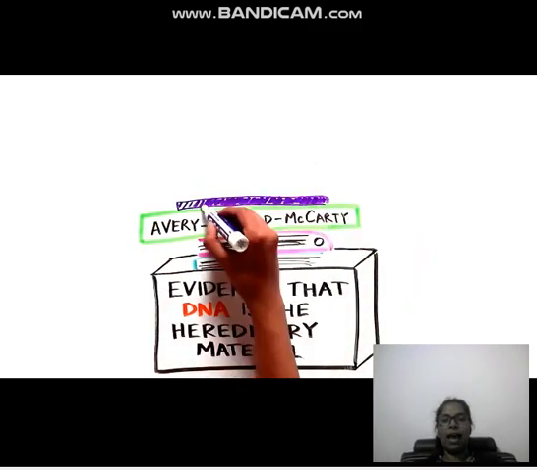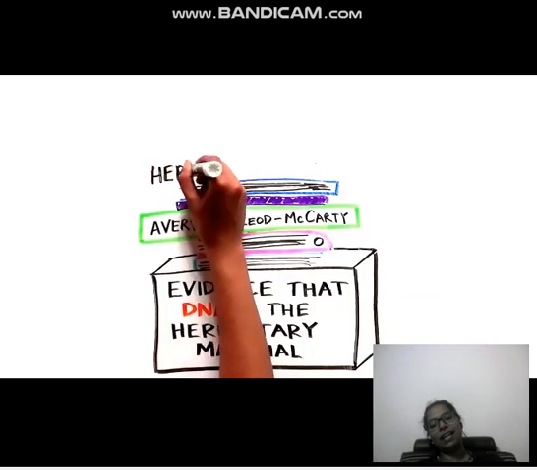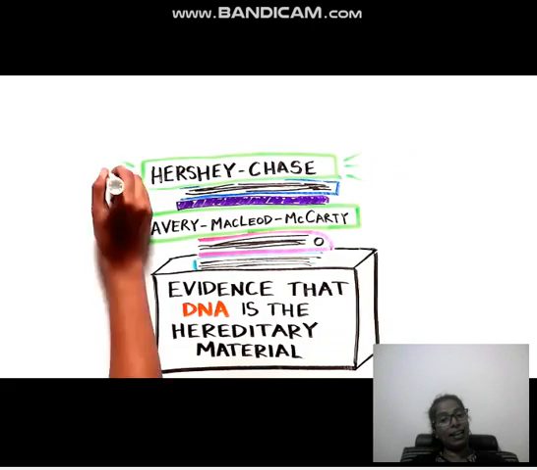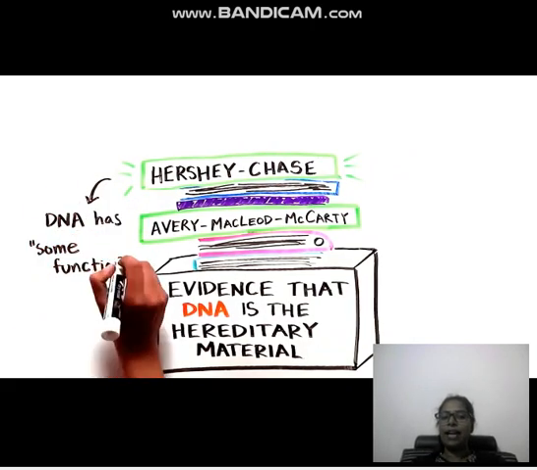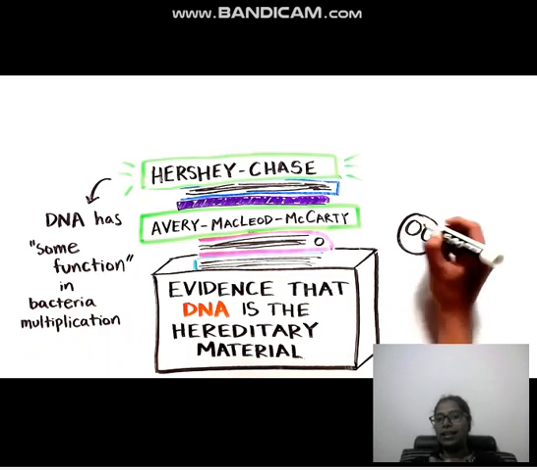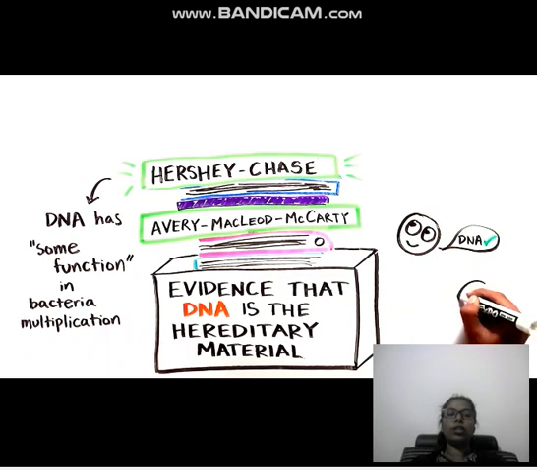Previously Avery and McCarty had already discussed this, but did not give any evidence in organisms, and every time scientific evidence has to be given to support any fact, particularly in science, isn't it? So this was the Hershey-Chase experiment.